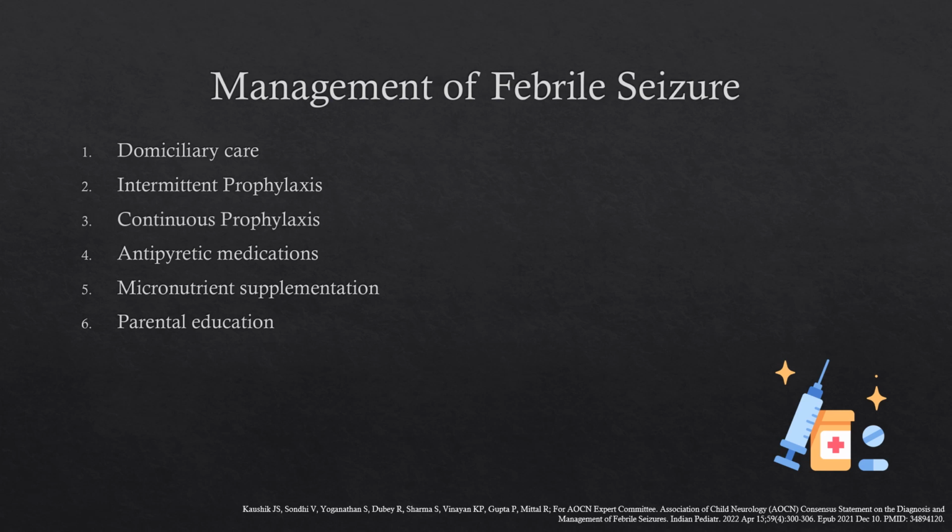That means do we need to give any treatment for seizure continuously. Fourth, antipyretic medications. What medications do we need to use to control the fever? Fifth, micronutrient supplementation. Do we need to give any micronutrient supplementation for the febrile seizure patient? And last but not the least, parental education. What we need to teach the parents.